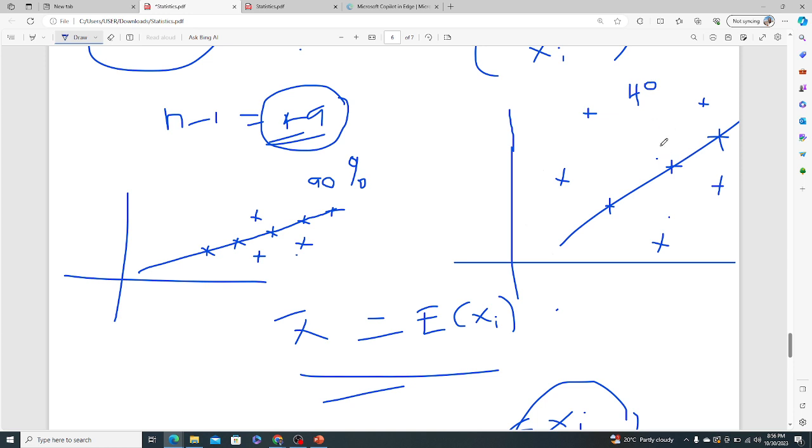So in this case, you might find this line of best fit only models 40% of our data, meaning the other data we cannot explain, since they are outside the regression line.